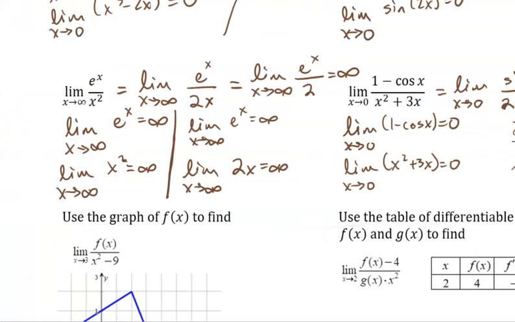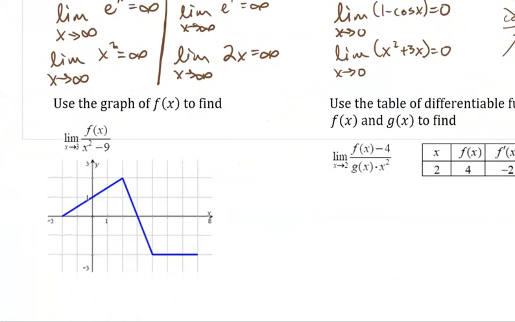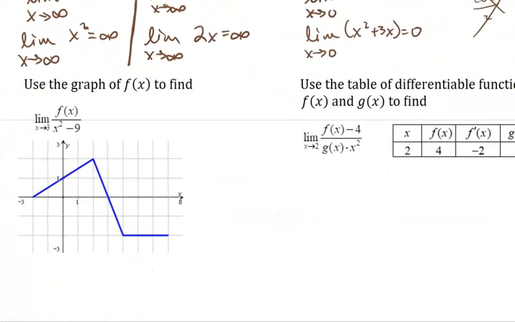All right, a couple more examples. Now we're going to use a graph and a table, okay? So here we are looking at the graph of f of x. This is f of x. And we are trying to evaluate the limit at 3 of f of x over x squared minus 9. If I plug 3 in, I get f of 3, which is 0, over 3 squared minus 9, which is also 0.